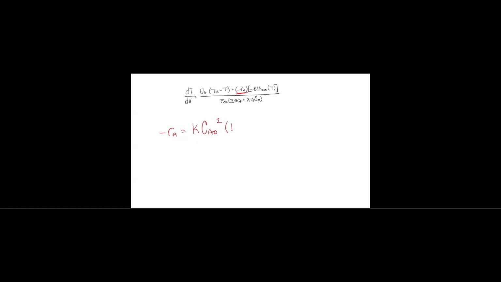And then that is multiplied by the group 1 minus x, which is also squared since this is a second order reaction with respect to A. And then we include our second term here of subtracting x over Kc to account for the reversibility of the chemical reaction. So we'll start with negative Ra.